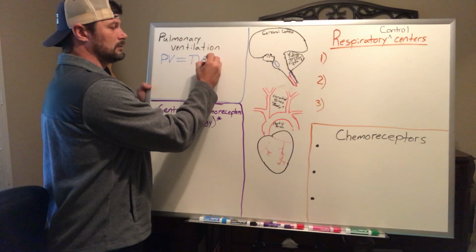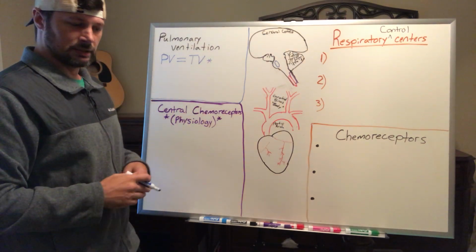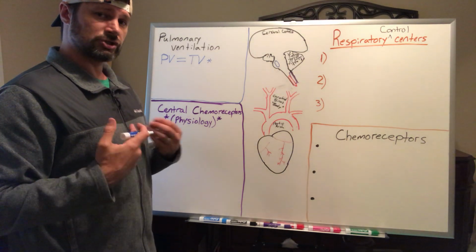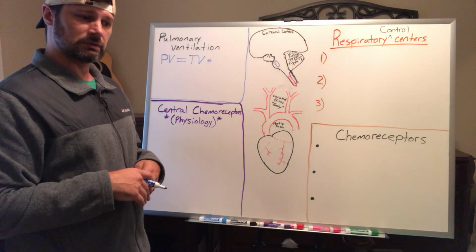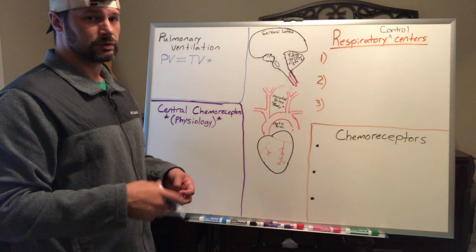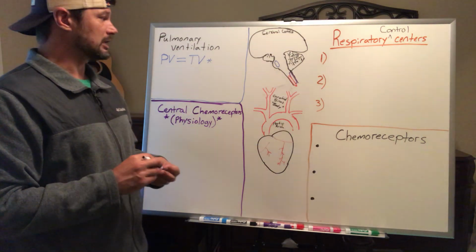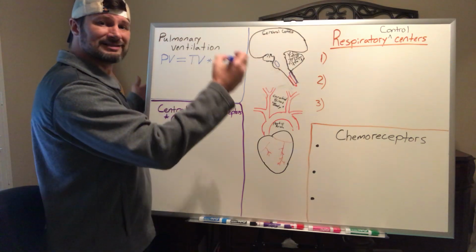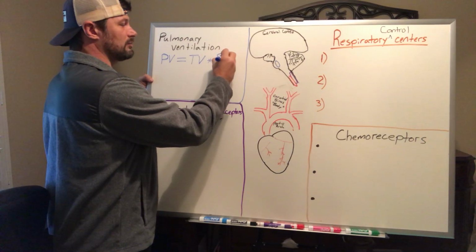One other variable greatly affects pulmonary ventilation, and that is this. Breathe faster. Did we just change the volume of air going in and out of our lungs? Right? So breathe slower. Didn't we just change the volume of air going out of the lungs? The answer is yes. This is our ventilation rate or our respiratory rate. I like respiratory rate for my brain.